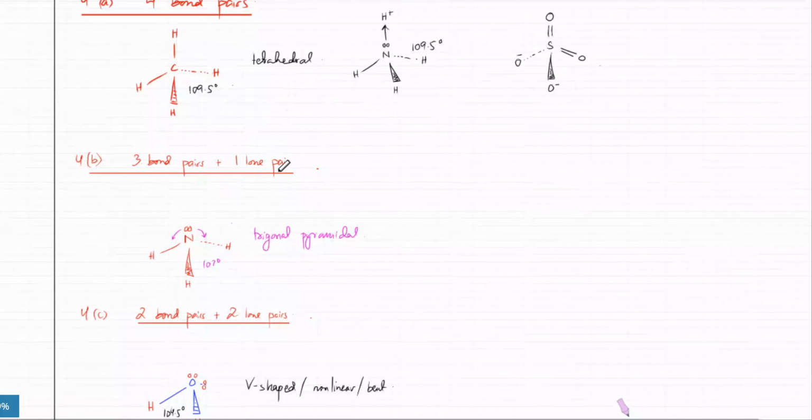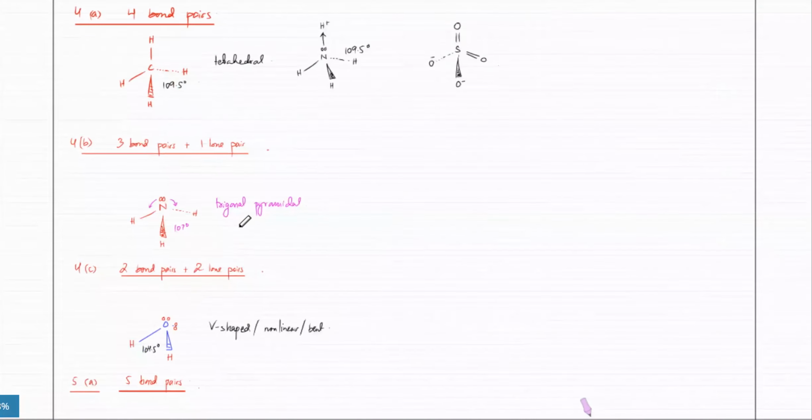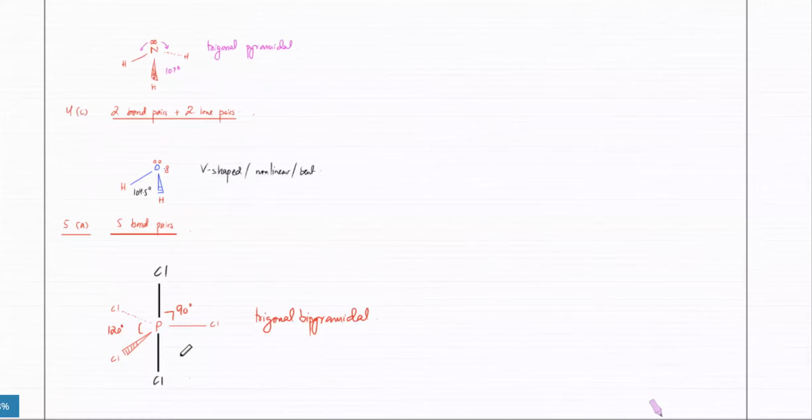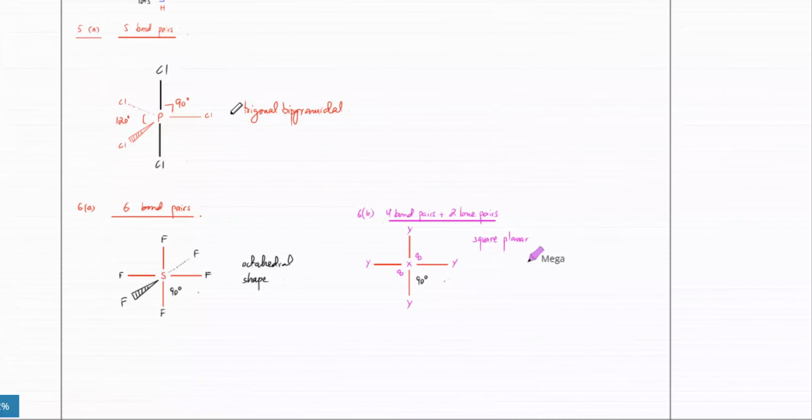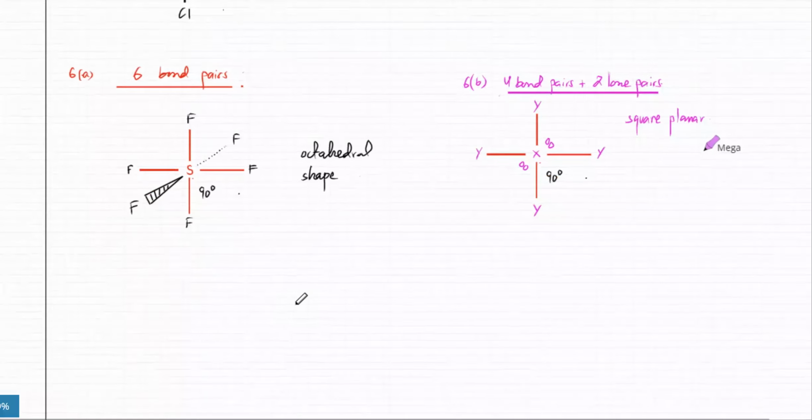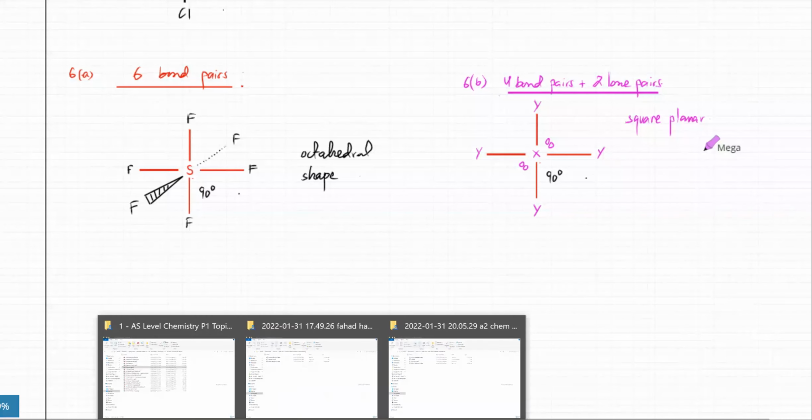You've got tetrahedral, then you've got variations in tetrahedral, and then you have trigonal bipyramidal. These have several variations, but no need to go into that much detail. So I'll just quickly start with questions on this.